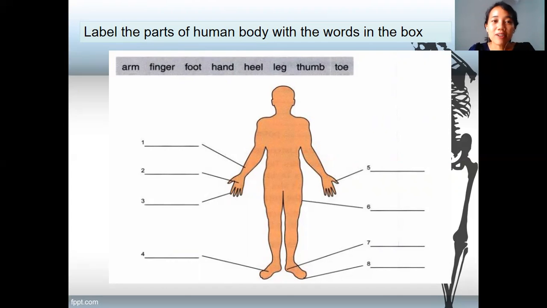So from here, please give your answer by seeing the answer in the box, and then put it in your number. I will give you time to answer this one. Meanwhile, while I am waiting for you, I will continue to the next explanation.